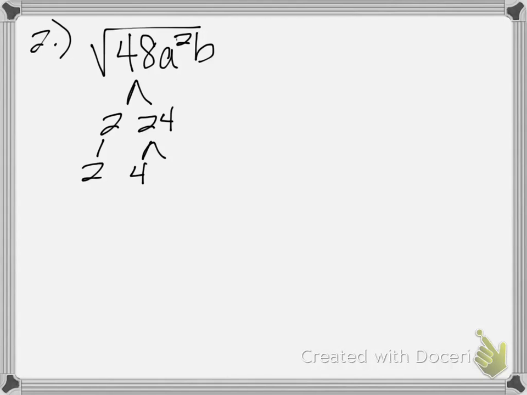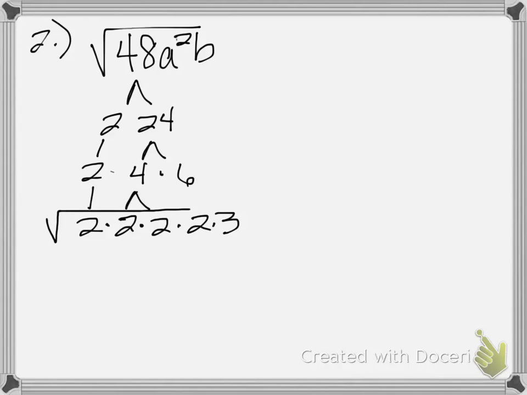Let's see here. 4 times 6. And again, you can break it down however you want, because in the end, everybody's going to get the same thing. 2 times 2 times 2 times 2 is 16, and 16 times 3. So this is the same thing.